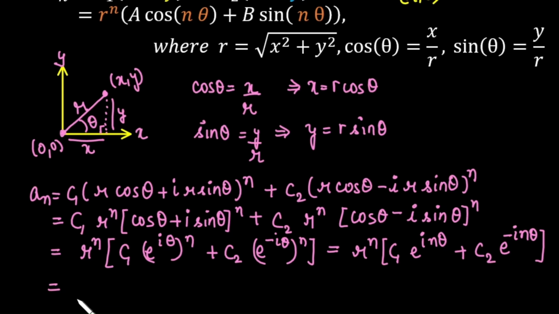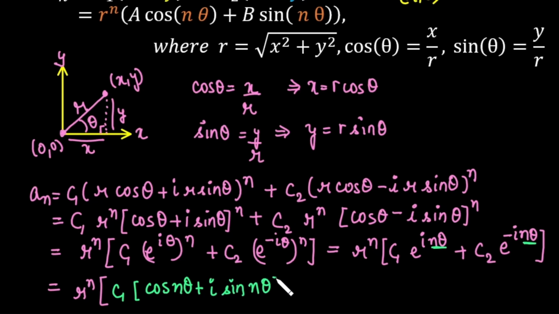That is further equal to r raised to power n. Now expand this angle as n theta. Even in this case, negative of n theta. So we can write this constant as it is. So in place of this, we can write cos of n theta plus iota sine of n theta plus c2, and in place of this, we can write this.